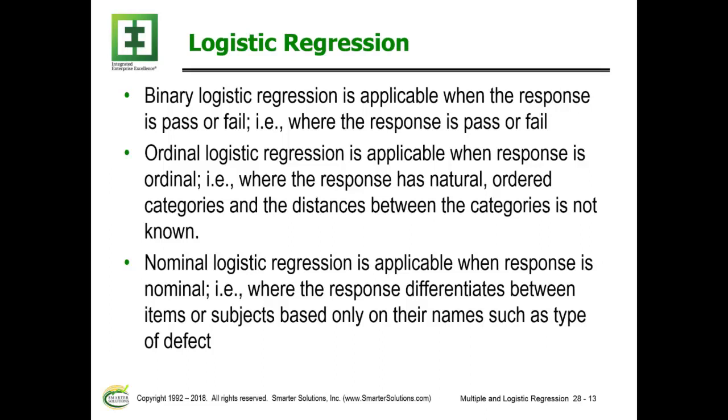We can look at inputs, which could be temperature, pressures, suppliers or whatever, and we want to see which one significantly impacts that overall response. If that's the case, then nominal logistic regression is applicable for the situation.